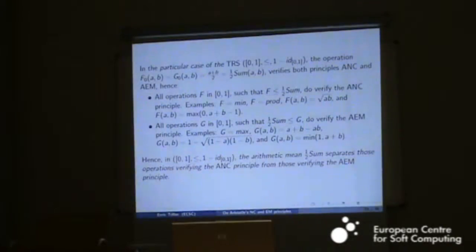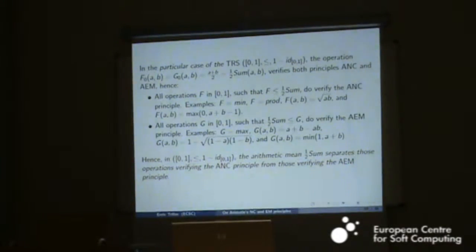Then, between min and max, we should place in the middle point, just the arithmetic mean. Okay? Min, arithmetic mean, max. That is just the central point of the interval, minimum maybe, maximum maybe, that gives the separation between those that verify non-contradiction and those that verify excluded middle.